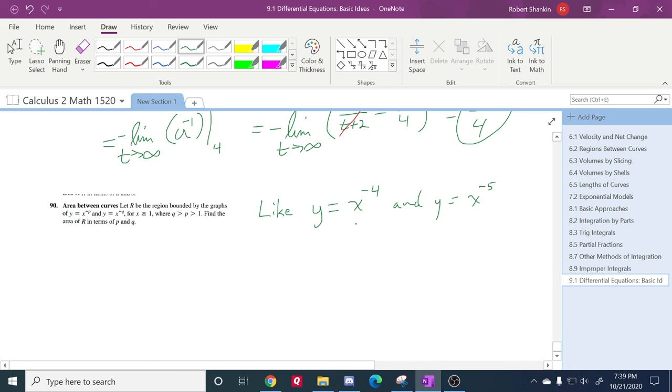Okay, so I'd need a specific number to start to get a feel for this, and then find the area in terms of p and q.